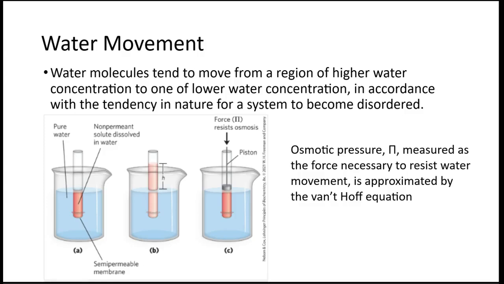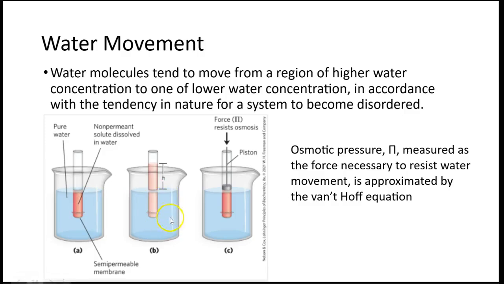Osmotic pressure is this movement. You can think of it as movement of water. If you have a tube with a semi-permeable membrane for water to go in, and you have a solution that doesn't have that much water in it, and you put it in a beaker full of pure water, that water will want to go through that membrane because, once again, it's like an introvert.